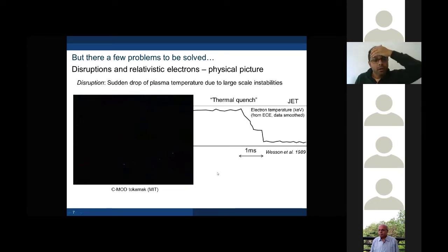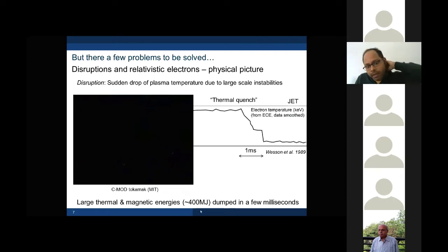So this leads to an enormous amount of thermal and magnetic energies. For example, ITER has about this much of both thermal and magnetic energies, and these would be dumped in a few milliseconds. This is damaging to the machine in many ways, because when we say large thermal energy, all this has to go through a very thin region, which we have also seen in a previous talk, where the heat fluxes are going to be enormous.